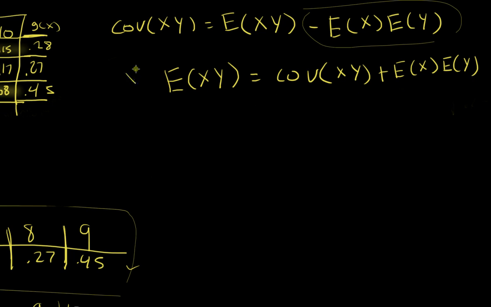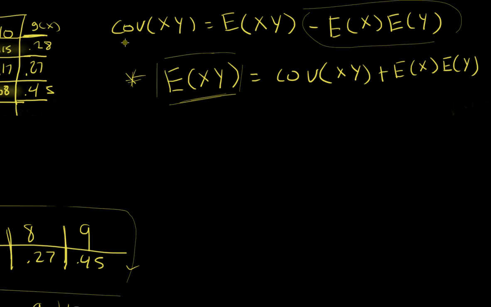Okay, you will be rewriting this and finding the expected value of x, y on the exam like this. Okay, so there's a hint for you. If you're given the covariance and you're given the expected value of x and the expected value of y, you can then find the expected value of x, y. Okay.